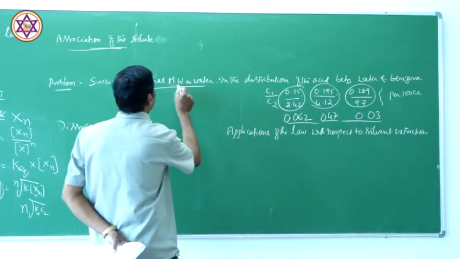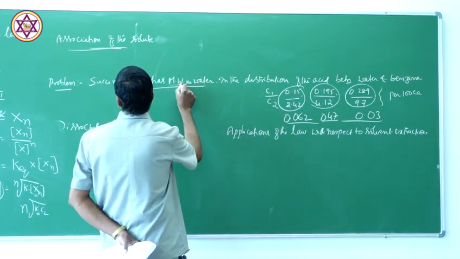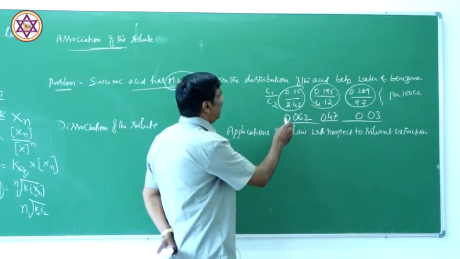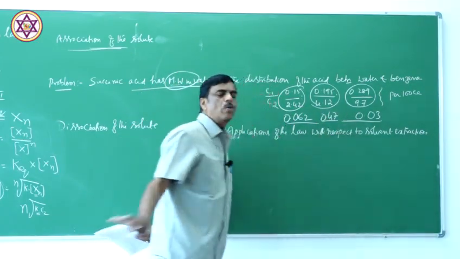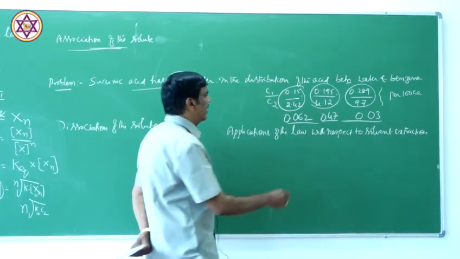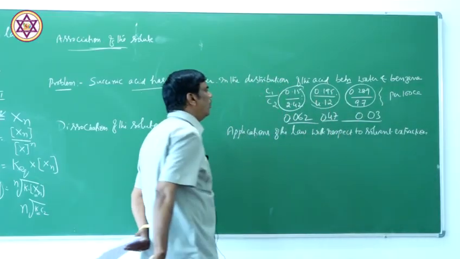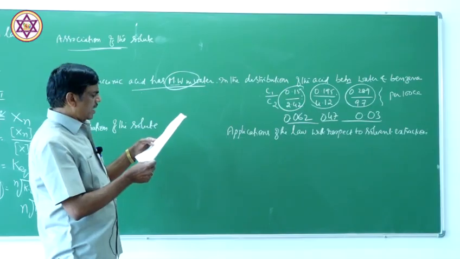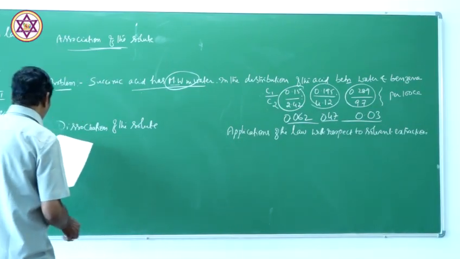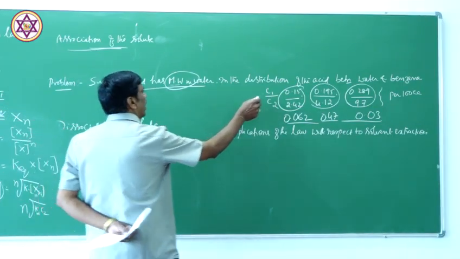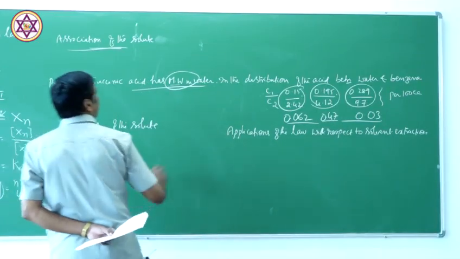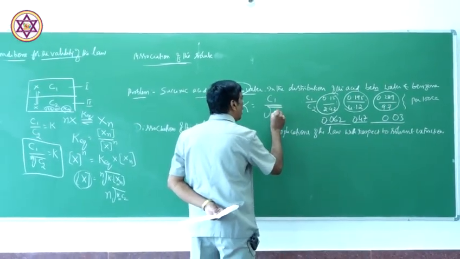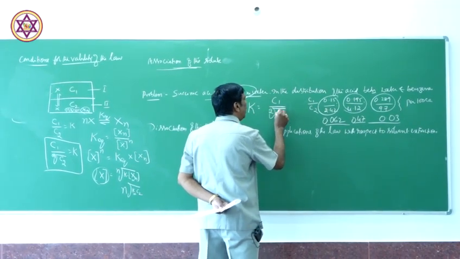Here we have to find out the molecular weight of the succinic acid. So this is the ratio which will not obey the Nernst distribution law. Therefore, if K is not constant, now if you substitute these values in this equation, K is equal to C1 by square root of C2.